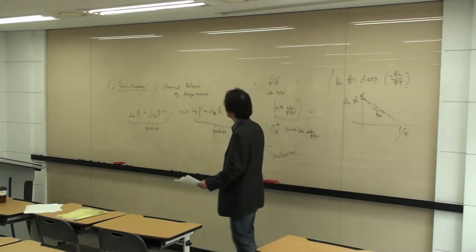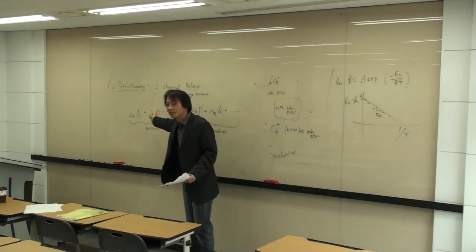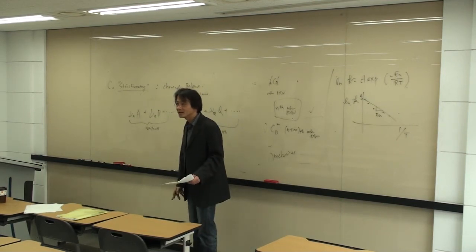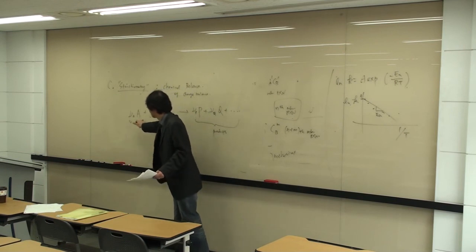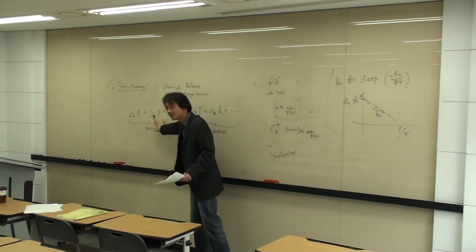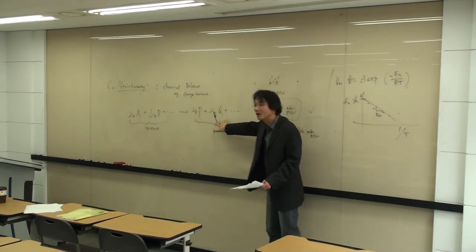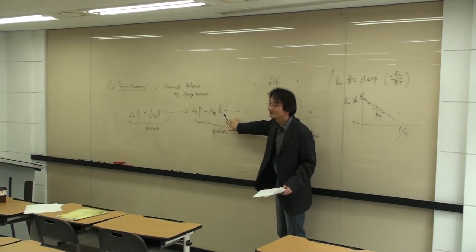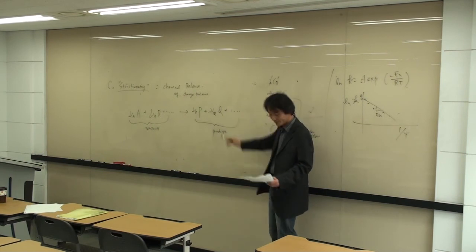So, using the equilibrium theory and kinetics, you can estimate the amount of these chemicals needed for reaction and the amount of chemicals that can be produced after reaction. This is very, very important, right?